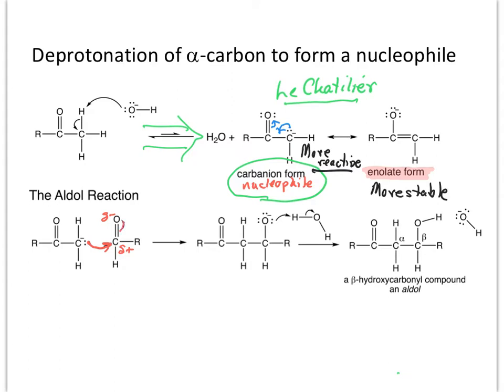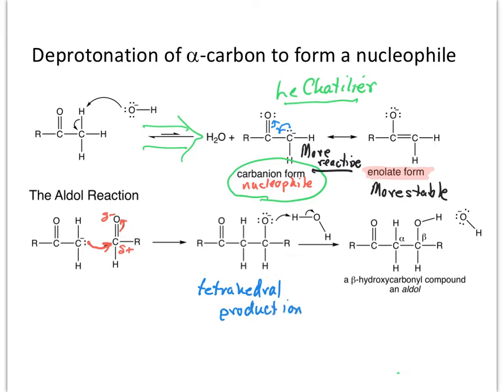The pi electrons move to the oxygen, and you get a tetrahedral product ion, right?